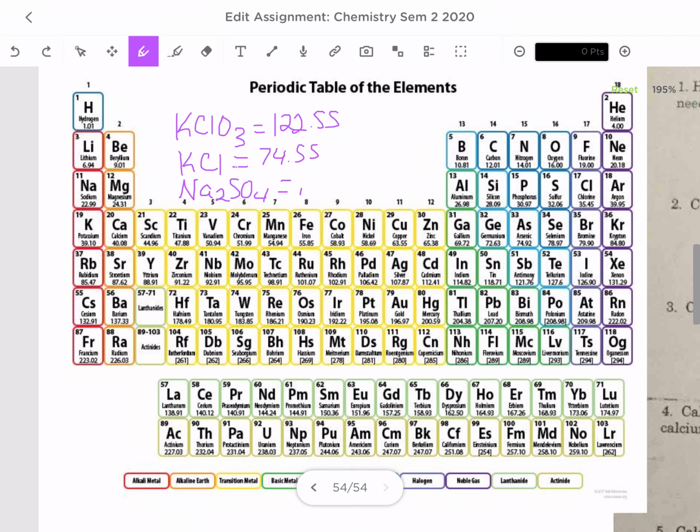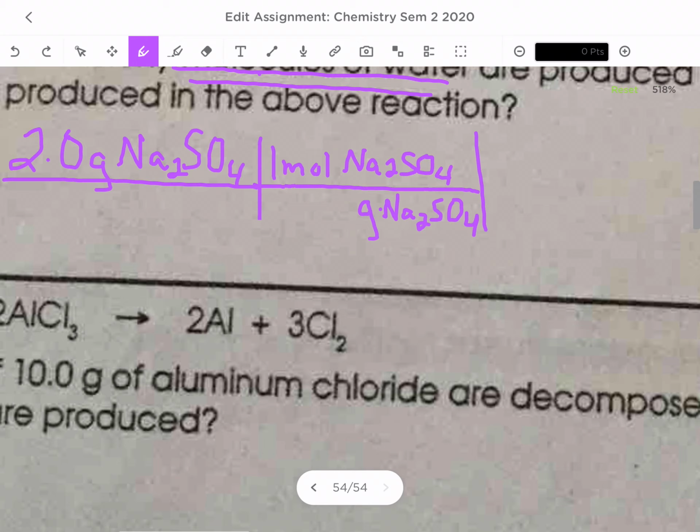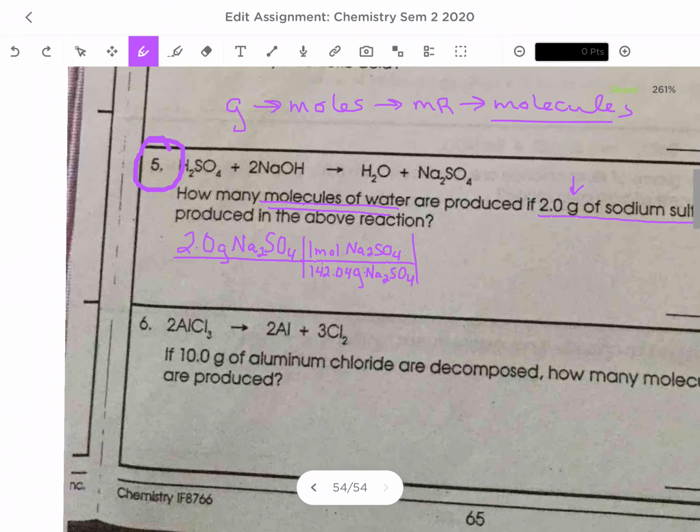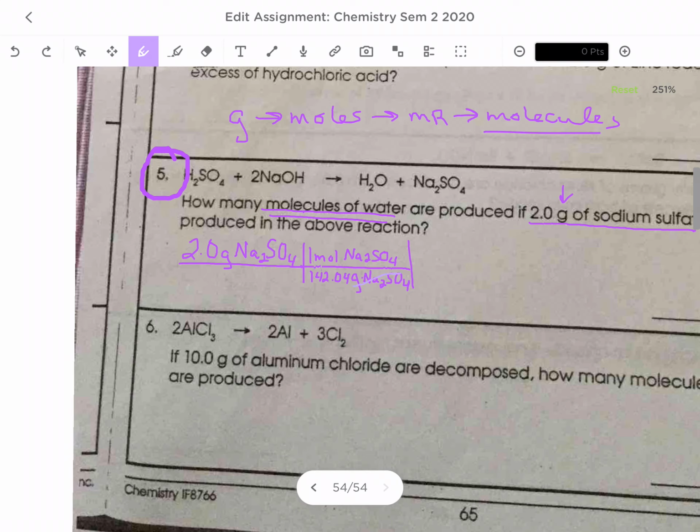Okay, so 142.04. So that's our number that goes here, 142.04. Okay, let's see our units that cancel out here and here.